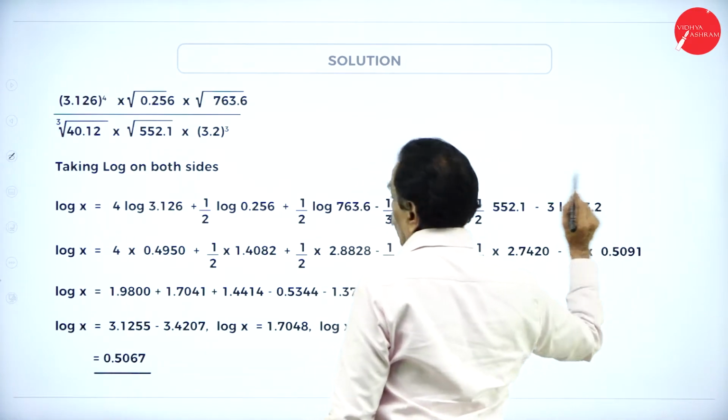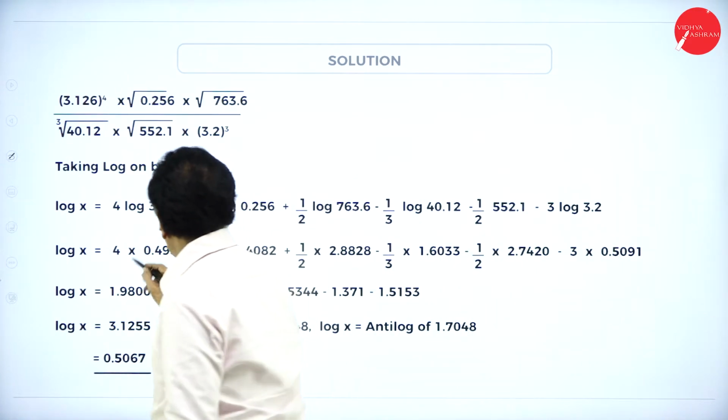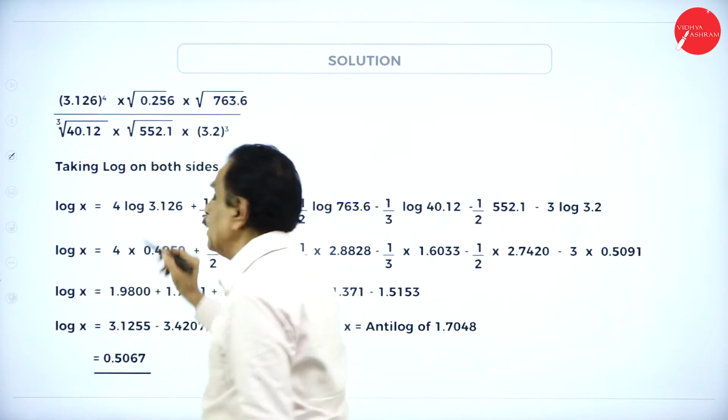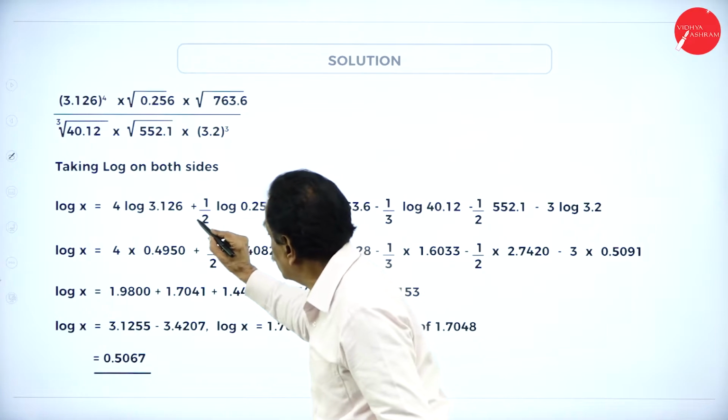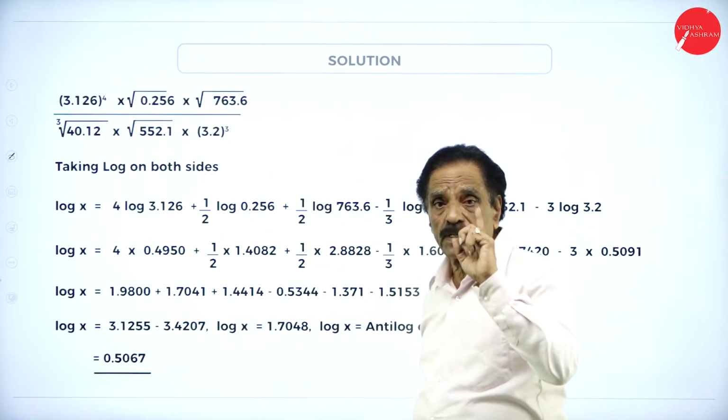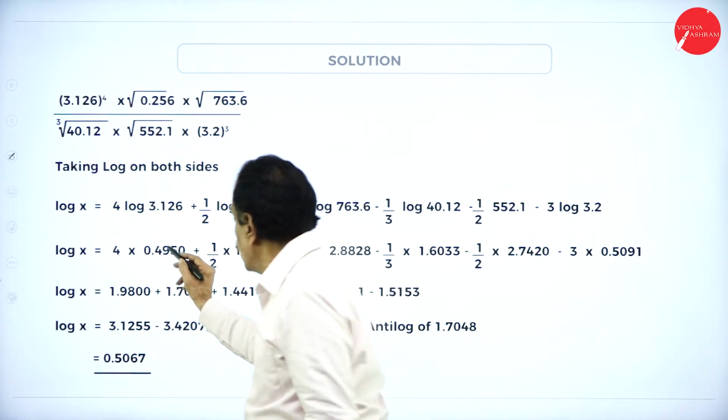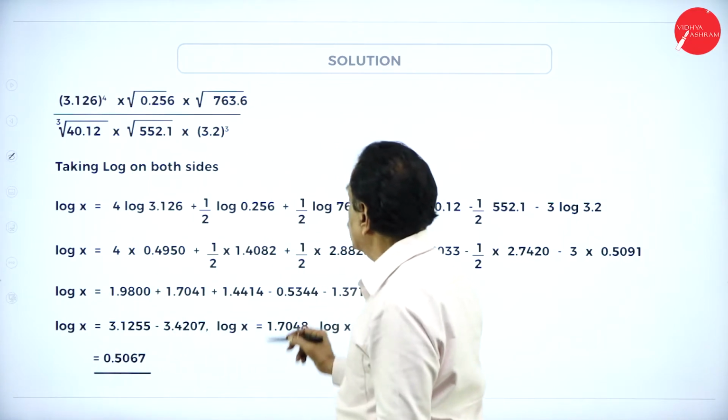This entire log goes. Here 4 into the log of this: 3.3 means one number, 0. If you see the logarithm 31, 2, 6, in the 31 you have to see the 2, 6 mean difference. It will come 0.4950.